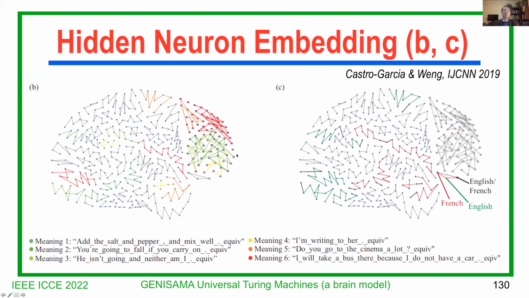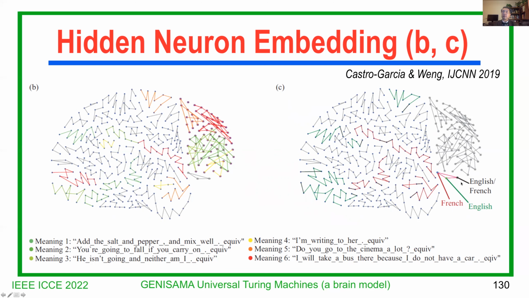This is a representation of two concepts. The color over here represents meaning, and each neuron is coded by color here. These are internal neurons. Over here, the color is a language type, French or English, and the neurons here have different colors.